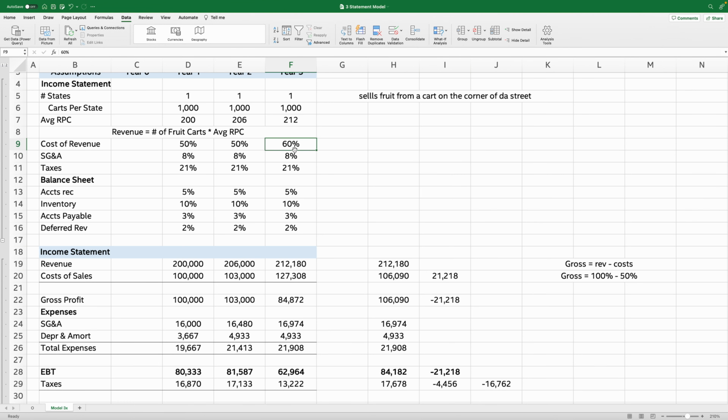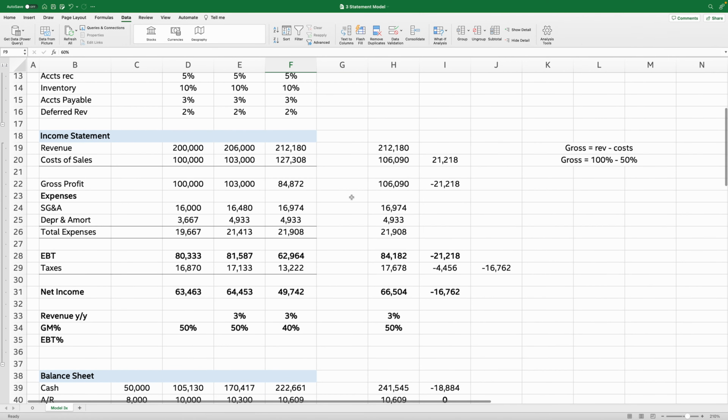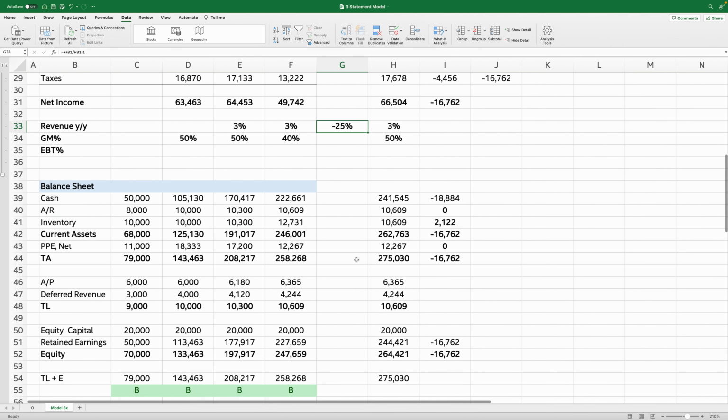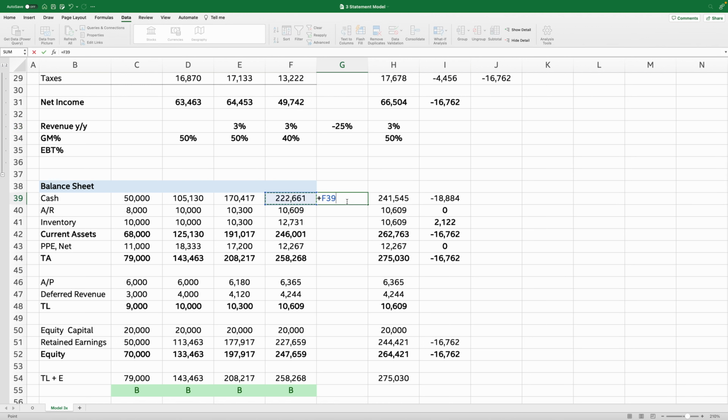We increased it by 10%, and changing cost of sales by increasing it by 10% had a 25% impact to net income, and it had an 8% impact to cash.